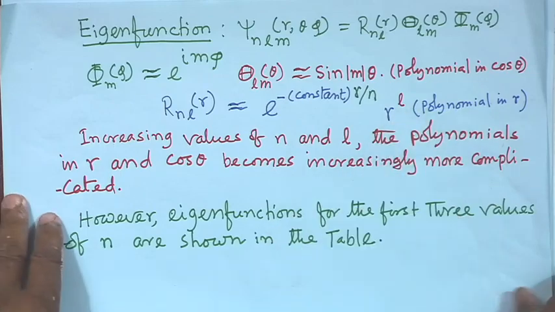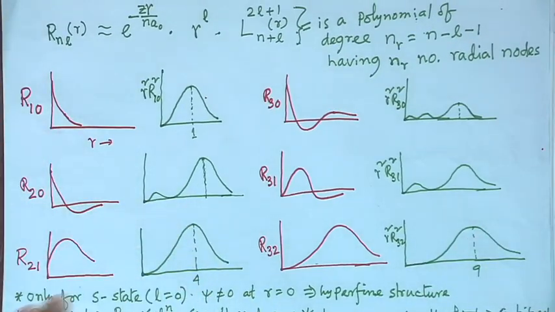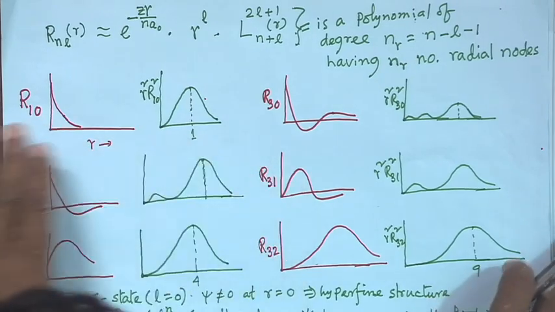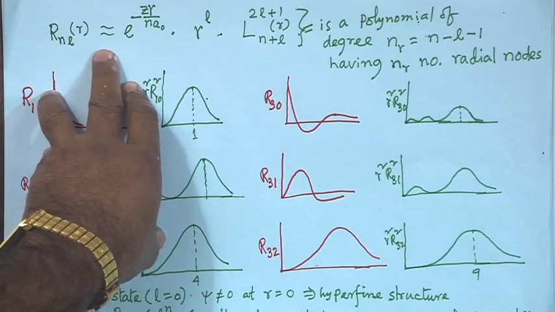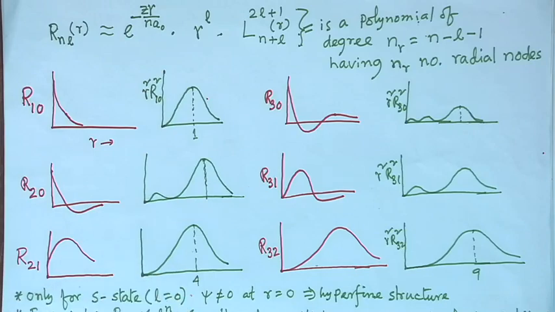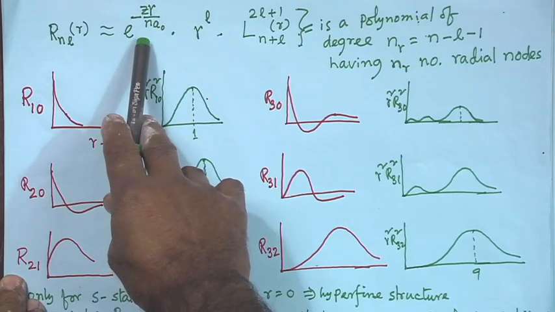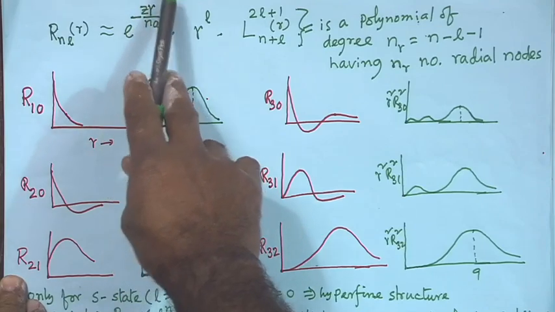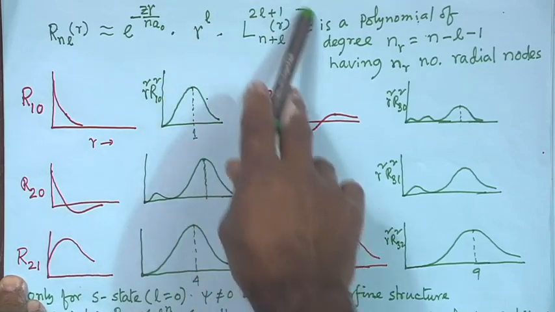Okay. So, now if we consider this radial part, R n l is e to the power, just neglecting this normalization factor, the exponential e to the power minus Z r by n a 0, r to the power l and this polynomial.